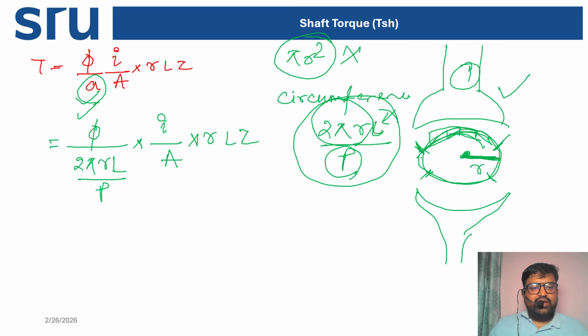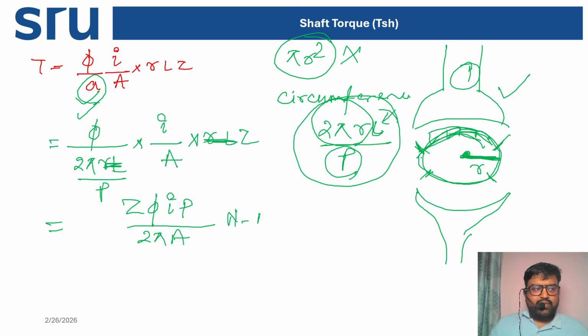Now you can cancel out r and l. Then what will come? That is z pi I p by 2 pi a Newton meter, right?